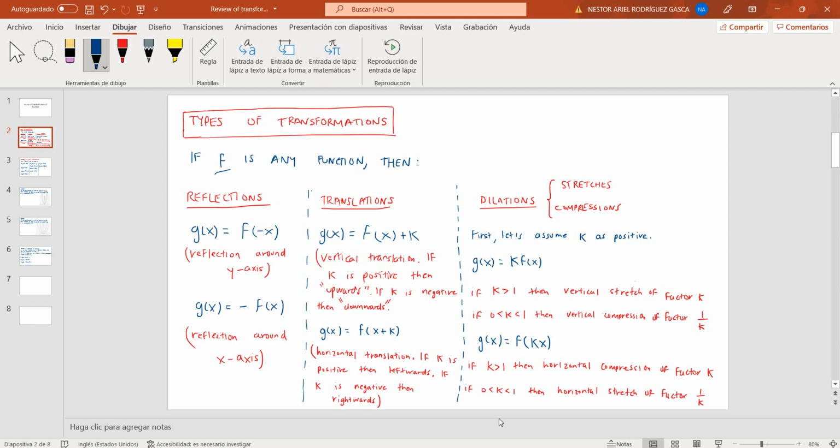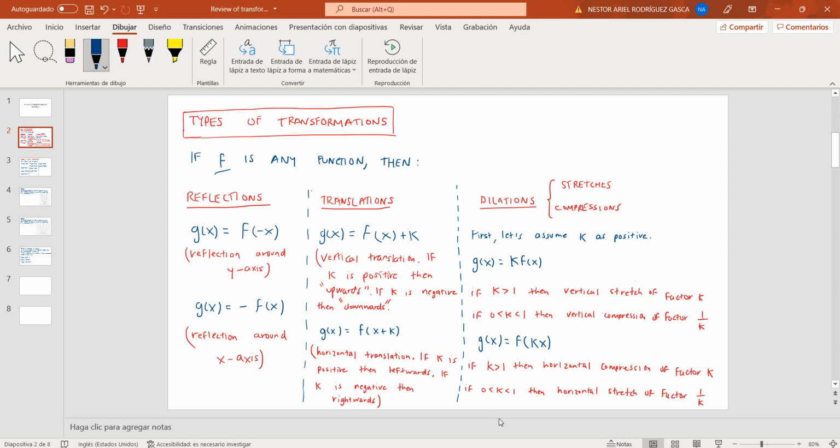and it's pretty much the same sentence except for this. You're changing vertical for horizontal, right? And you're changing stretch for compression. So in this case, when k is greater than 1, we're talking about a horizontal compression of factor k. And when k is a fraction between 0 and 1, then we're talking about a horizontal stretch of factor 1/k.